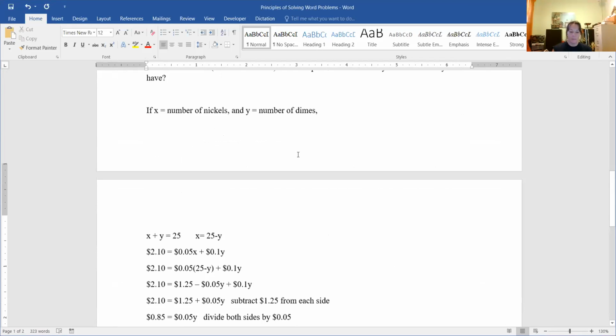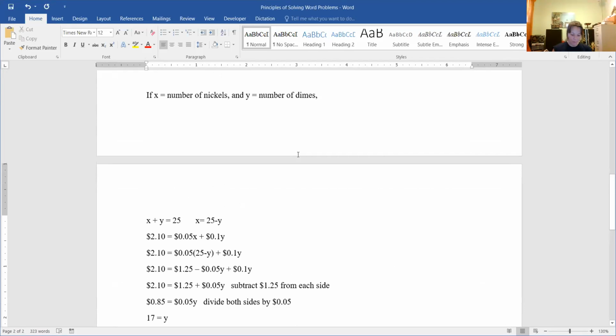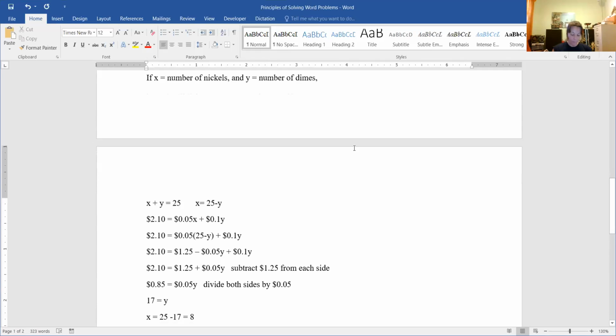Let's go back to the example that I put into the document about the coins. The problem with the coins: 25 coins that add up to $2.10, nickels and dimes. We have two equations. We know that the total number of coins is 25.